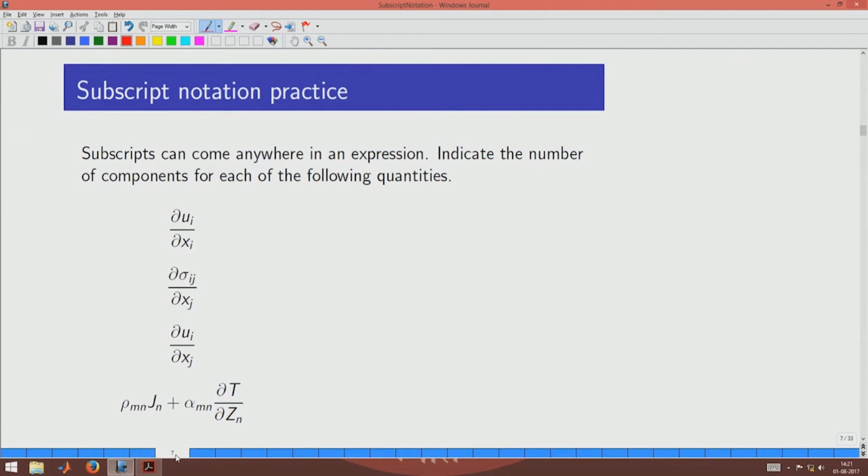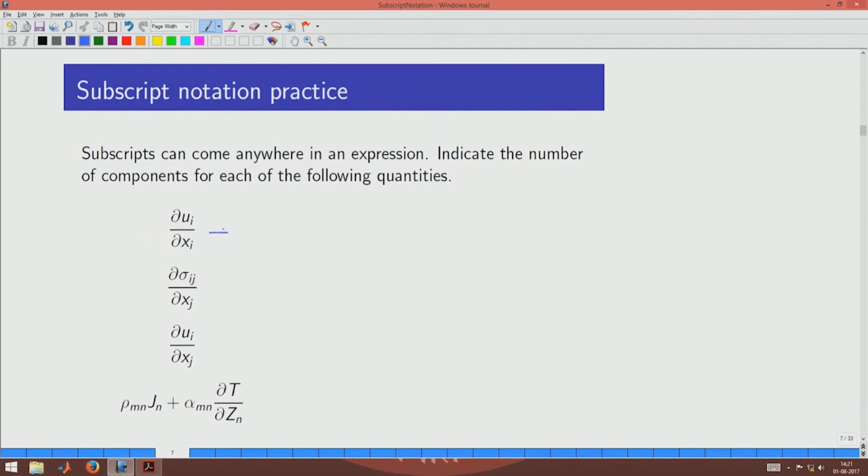So, here we can see that we are now making use of one more rule of the subscript notation, namely the subscripts can come anywhere. So, in this case we are getting the subscripts in the denominator. So, let us see what we meant by this expression. The first expression does not have any free subscript, both the indices are i.